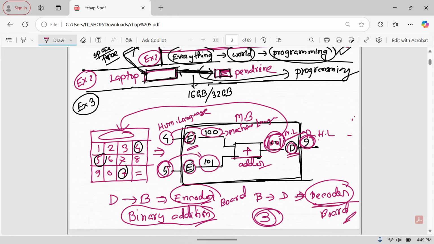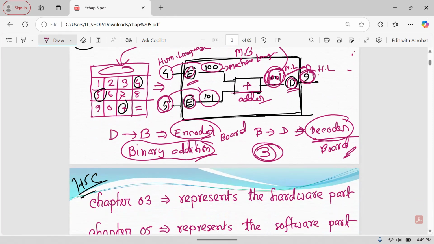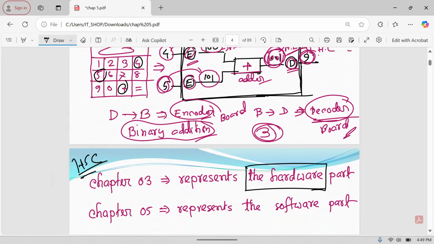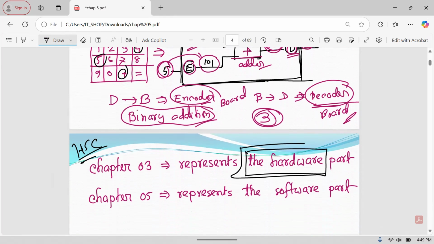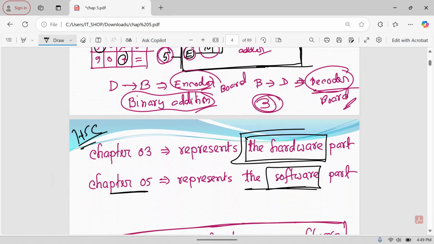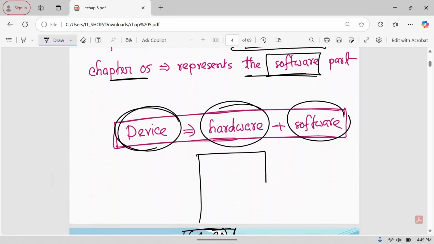I can say that chapter 3, which we already covered in the previous lecture, basically represents the hardware part of a device. And what we learn from chapter 5 basically represents the software part. Always remember, a device is active when its hardware part and software part are combined. Take an example: you have a mobile phone, and the touchable part is the hardware.